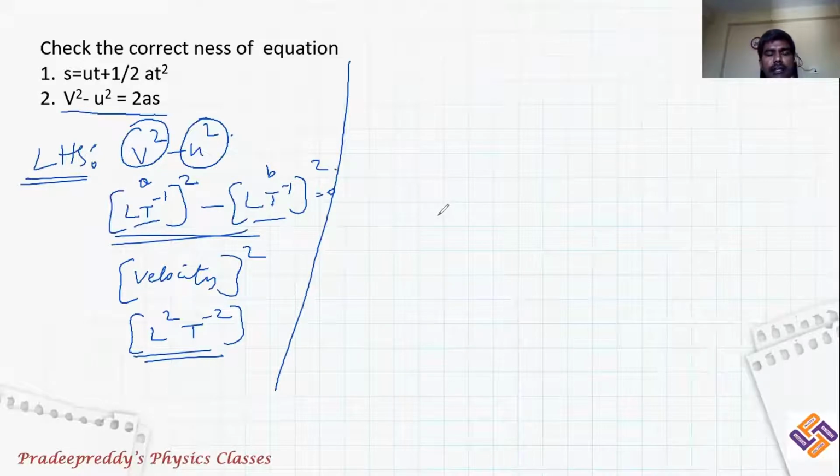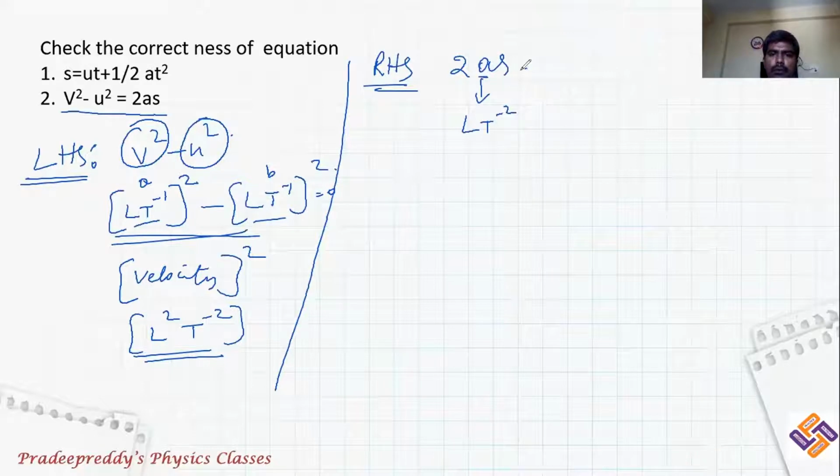So V square, u square, this is velocity. So left hand side, what you have? Dimensions of velocity whole square, which is L square t power minus 2. Now come to right hand side. 2as. What is a? Acceleration. It is L t power minus 2. What is s?